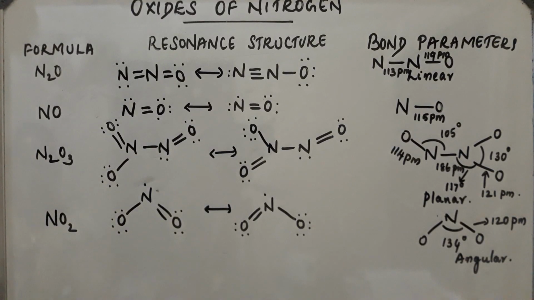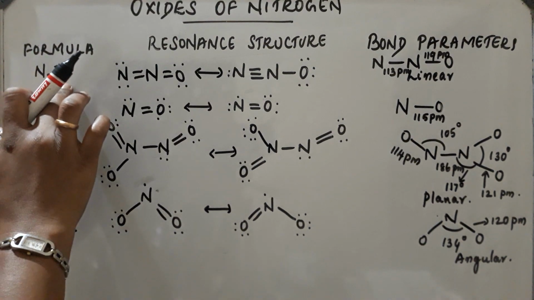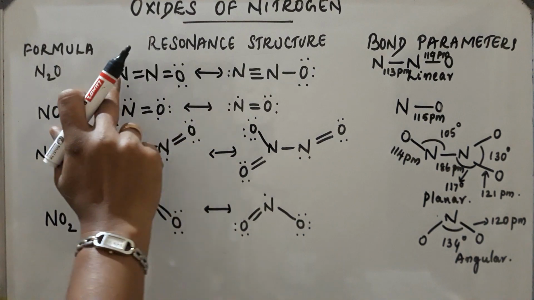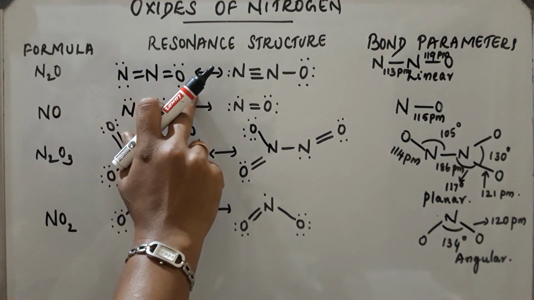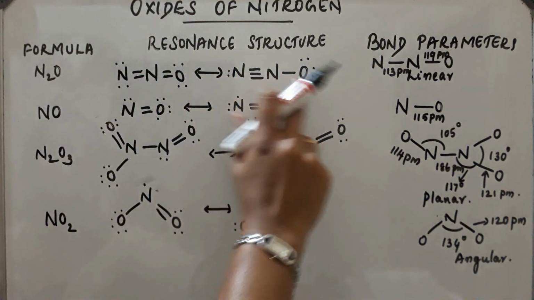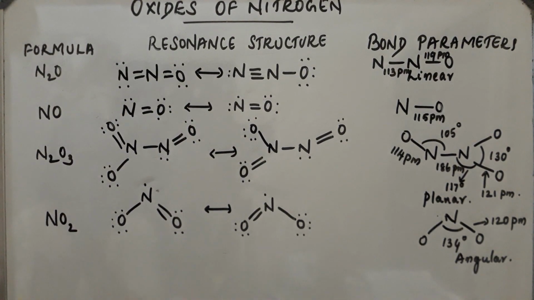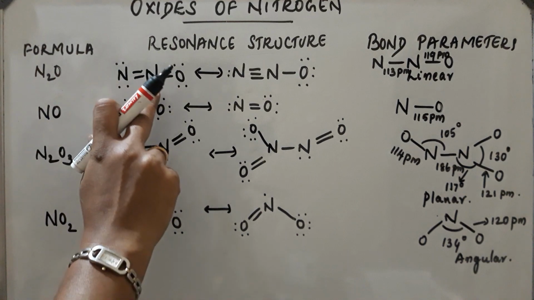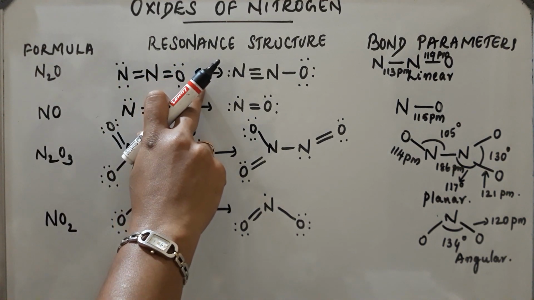So these are the resonance structures. First one, N2O. See the resonance structure: N double bond N double bond O, and N triple bond N single bond O. Nitrogen valence electron is 5 and oxygen valence electron is 6.